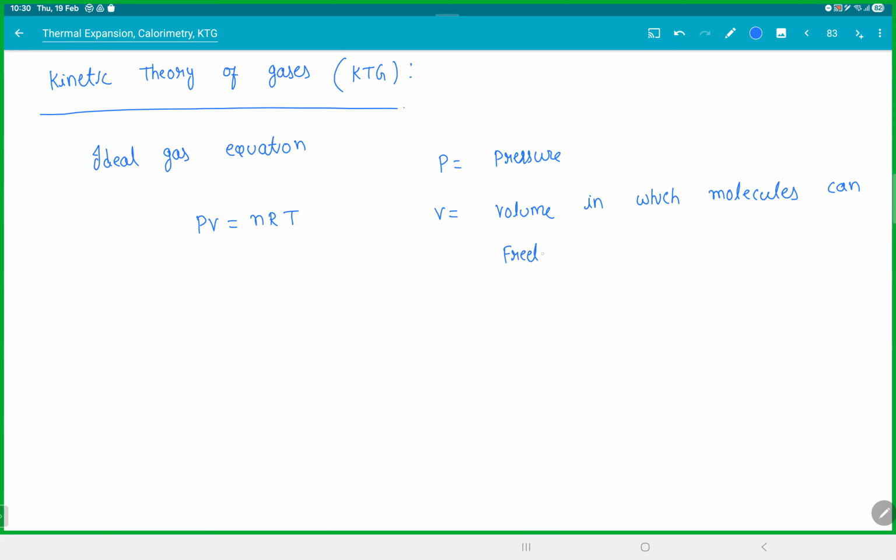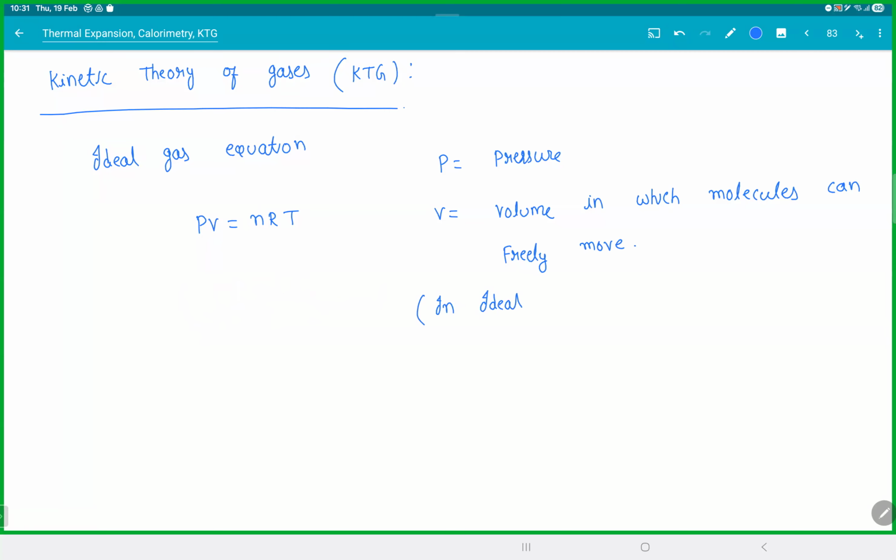If you remember the real gas equation, you get (P plus aN squared by V squared) into (V minus nb). Do you remember something like this coming? That b is the volume of the molecules. Molecules can freely move. But in an ideal gas, we assume the volume of the molecules is negligible. So technically, it should be the volume of the container minus the volume of the molecules.